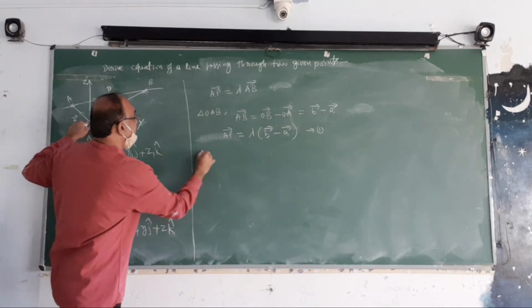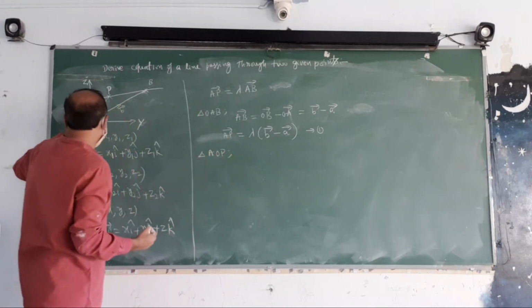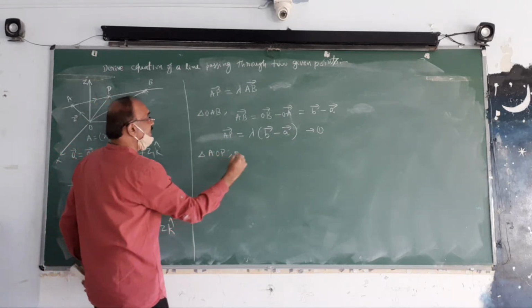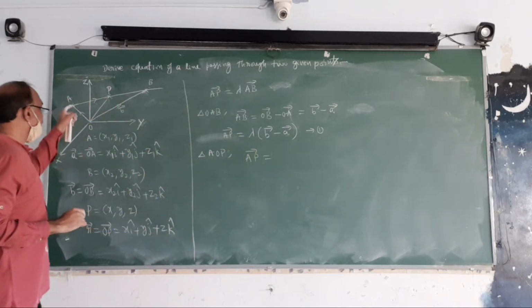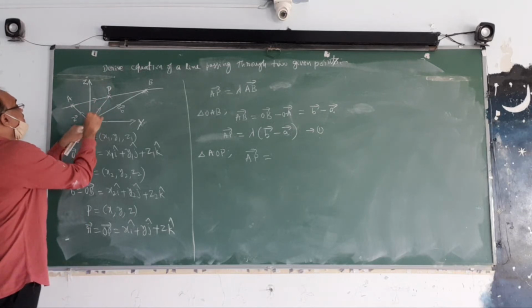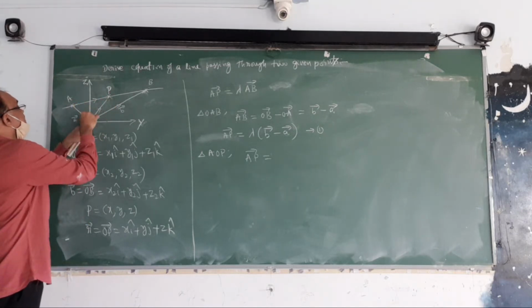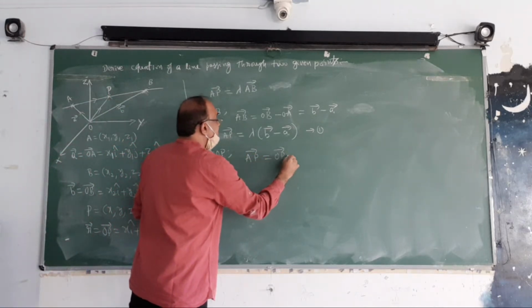Now I will write triangle AOP. In this one, I will write again vector AP. If I consider only this triangle, AP is vector OP minus OA.